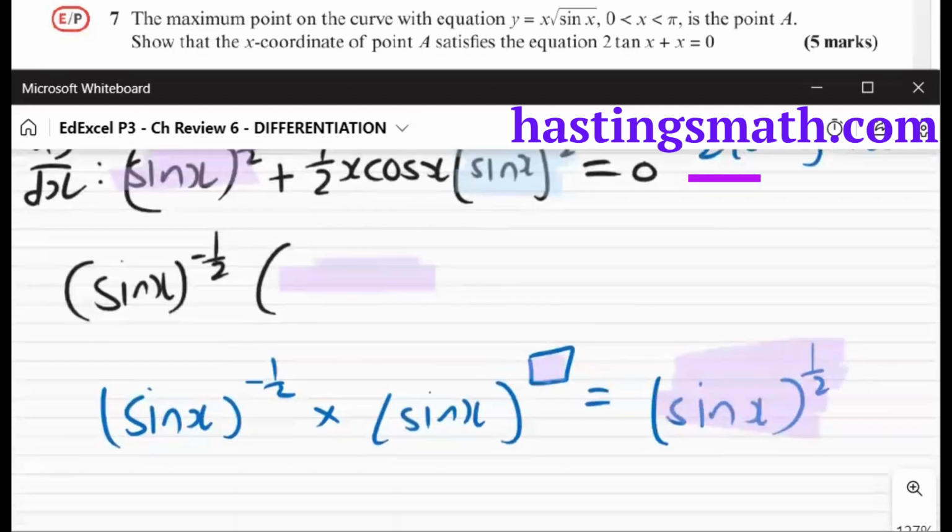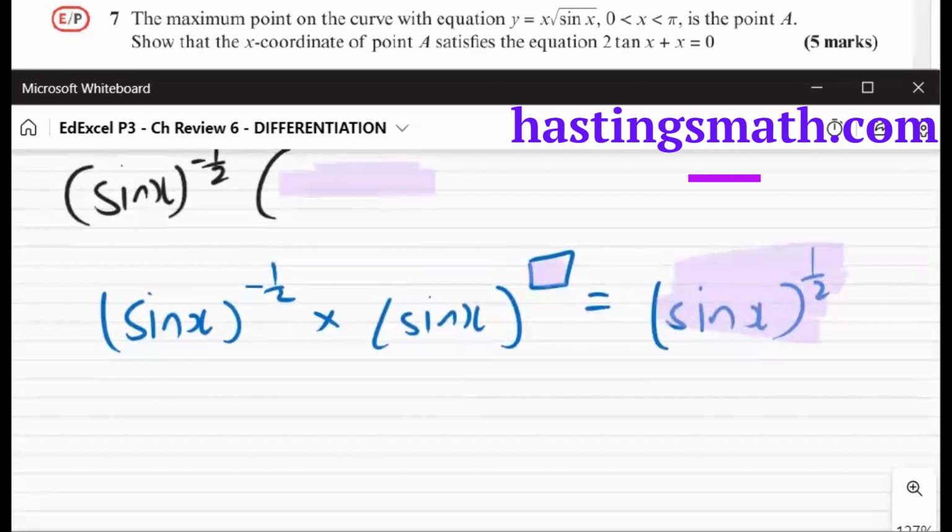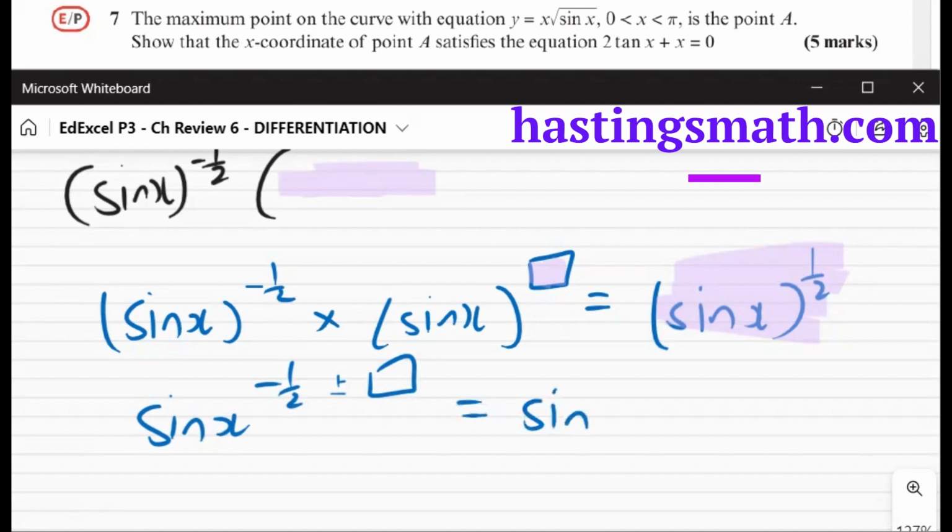So we want to know what this power is going to be. Looking at it another way, it's sine x to the minus a half plus something, which needs to equal sine x to the power of a half. We need to end up with a half, so what do we have to add? In order to end up with a half, we add 1.